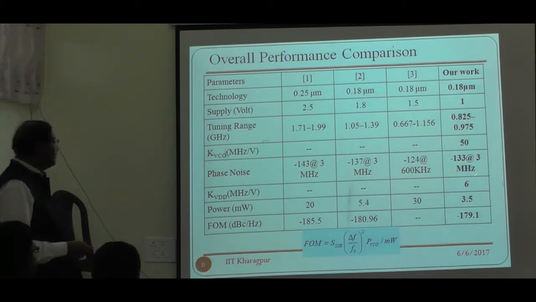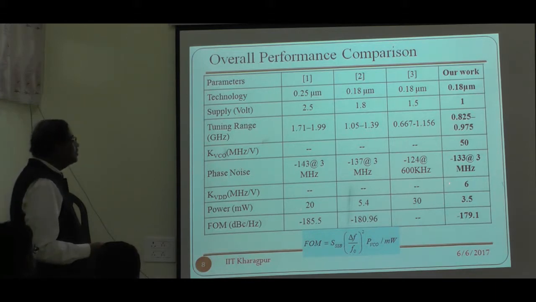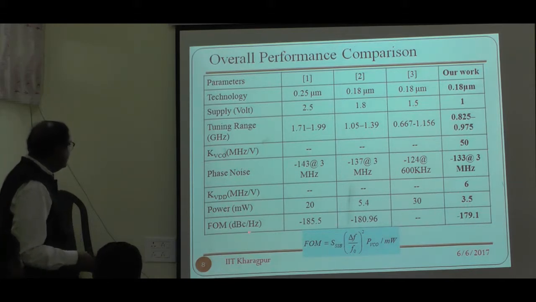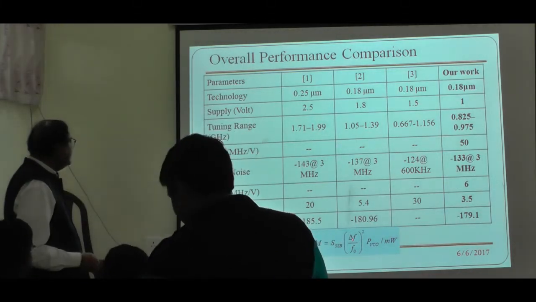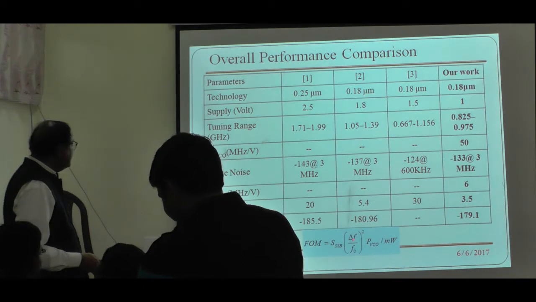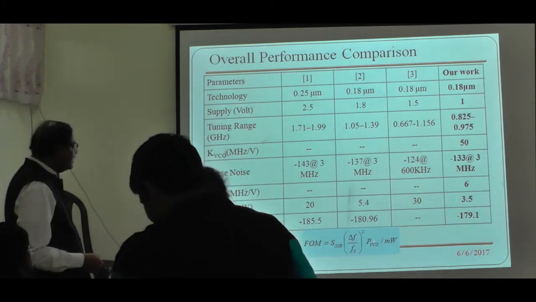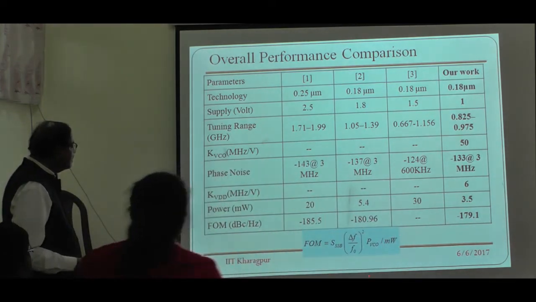KVDD is another very important parameter, because if there is a small variation of the VDD supply, that might cause a shift in the frequency. That is also called supply sensitivity, and it should be as low as possible. Then if you look at the power consumption, it is 3.5 milliwatt, and you can define a figure of merit where this is the power at single side band, delta F is the frequency tuning range, F0 is the center frequency, and this is the power consumed by the VCO in milliwatt.